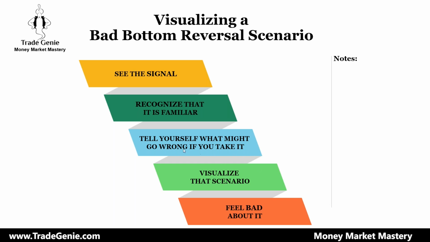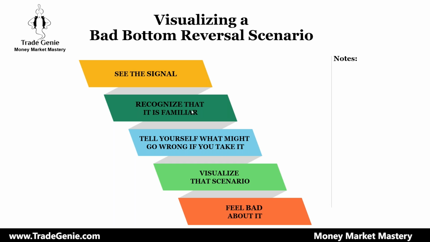You created a story in your mind, but you have seen before that it works, and it's a profitable trade. But then we all create this step of visualizing what can go wrong, and then we don't take the action. We visualize that scenario and feel bad about how much money we will lose. So this is not a good scenario.